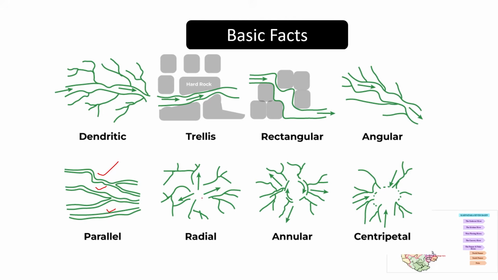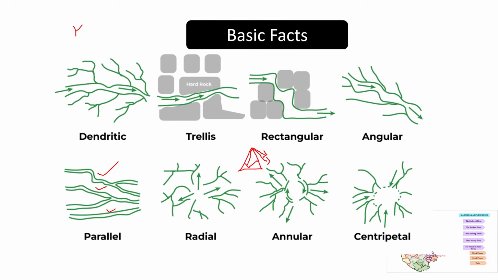The third one is the radial pattern, where from a certain source, say a mountain range, the river starts flowing from it in different directions. Since the mountain is at a higher elevation, the source of water emerges in different directions, and this is known as the radial form of pattern. So in Karnataka, we mainly have four patterns.